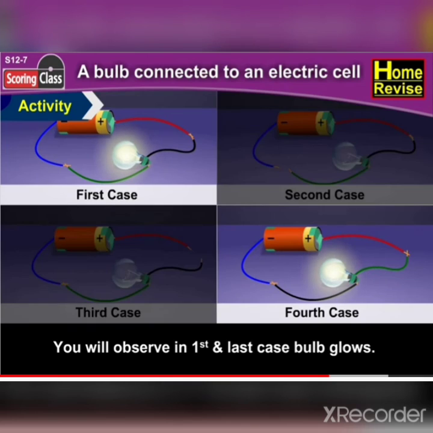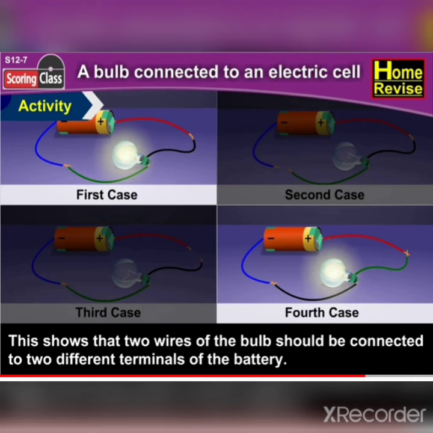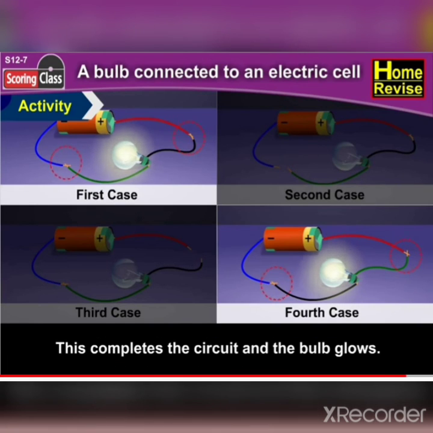You will observe that in the first and last cases the bulb glows. This shows that the two wires of the bulb should be connected to different terminals of the battery. This completes the circuit.